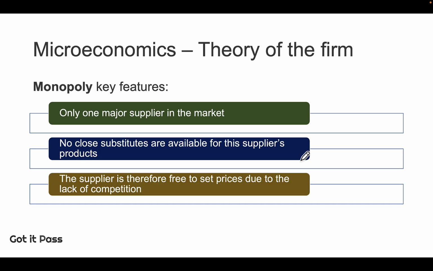And the supplier is free to set the prices due to lack of competition. That means the supplier can charge you based on the government legislation or based on the high investment cost they initially put into the product or services they provide.